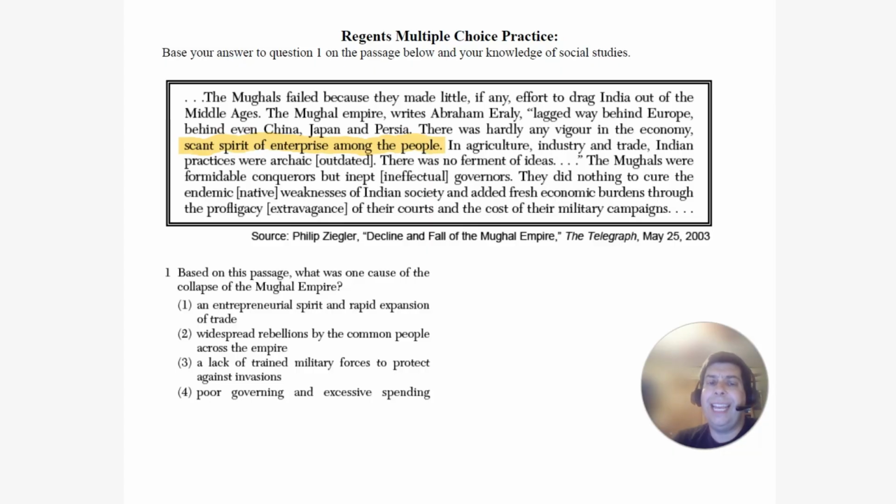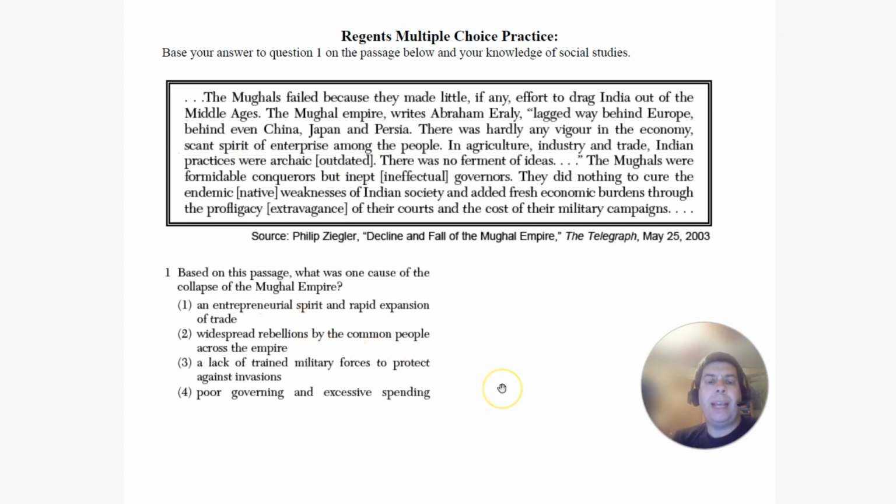Now, if you don't know what scant is, it means there was little. There was little spirit of enterprise. That doesn't seem like an entrepreneurial spirit, entrepreneurial enterprise. And it says in trade, their practices were outdated. Doesn't seem like it's going to be one.